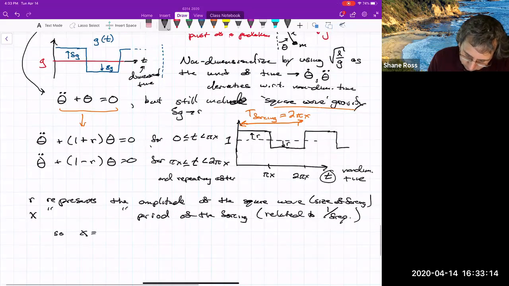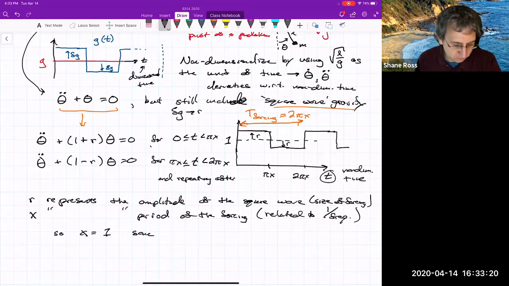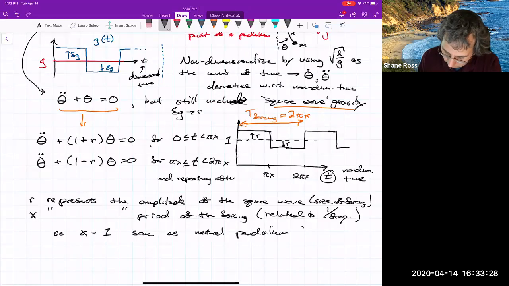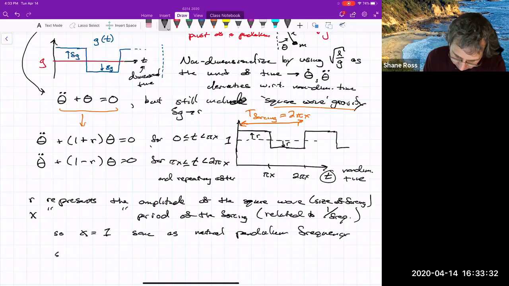So x equals 1 is the same as the natural pendulum frequency. What if we had x of 0.5, 1/2?